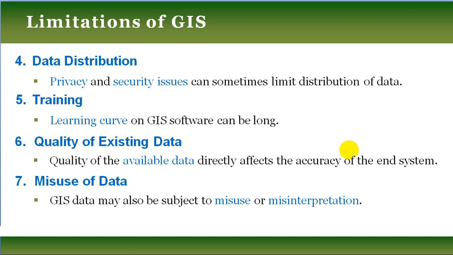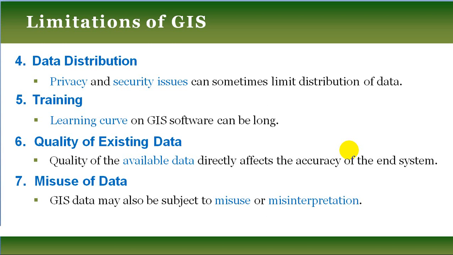Suppose they identify something from the satellite image and consider it agricultural land, but actually it is a wetland. So they misinterpret wetland as agricultural land. This is sometimes very, very dangerous.